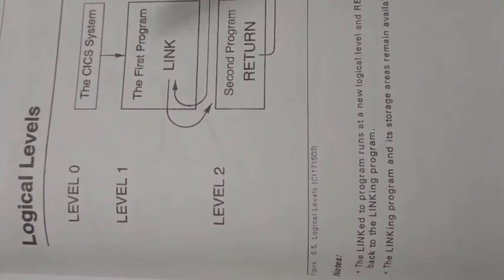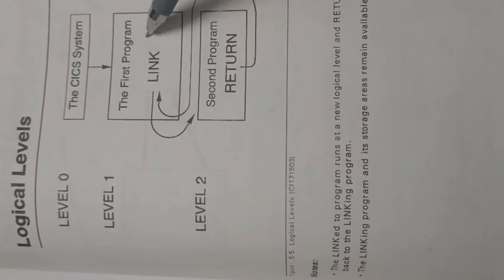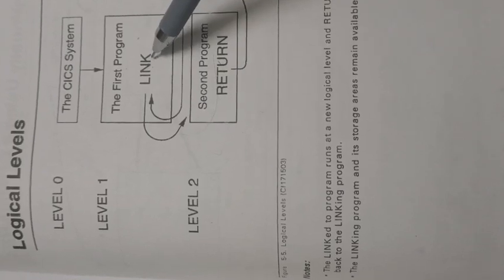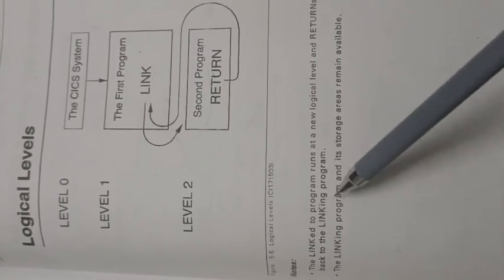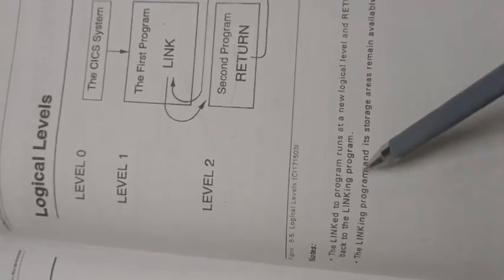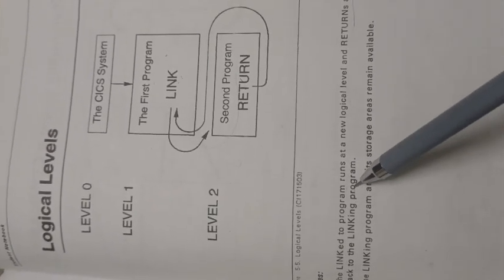You can see what the link command means: at logical level 0 is the first program, this is the first program link, and at level 2 the second program returns control back to the main program. The linked program runs at a logical level below the linking program, and returns to the linking program.